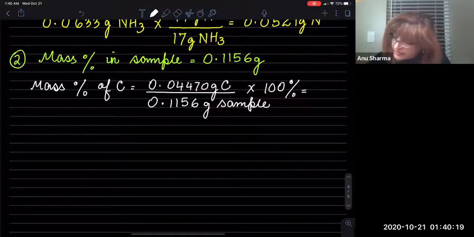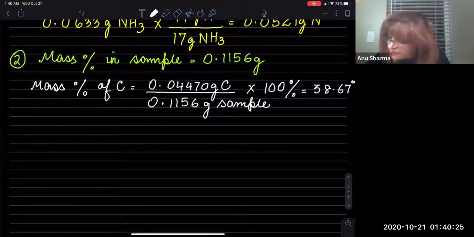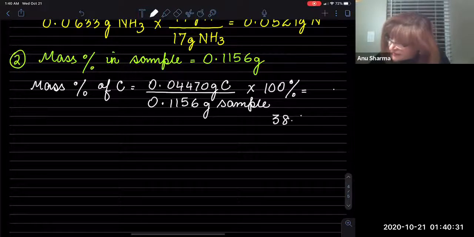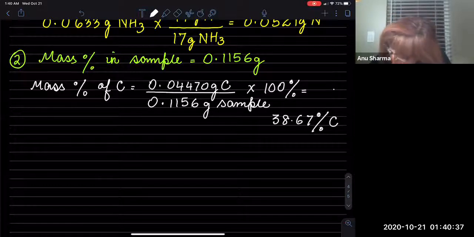And here this gives you 38.67% carbon. Then comes the mass percent of hydrogen.